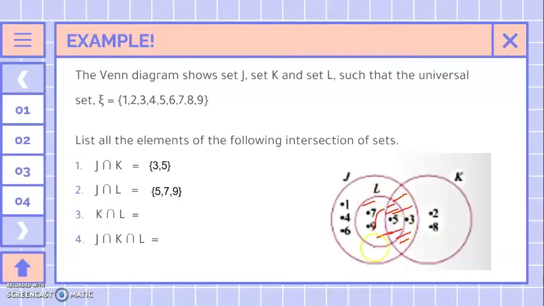So the answer is 5. And lastly, set J intersect with K intersect with L. J is also here, in the intersection. So the answer is 5.